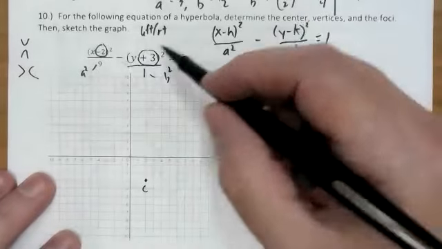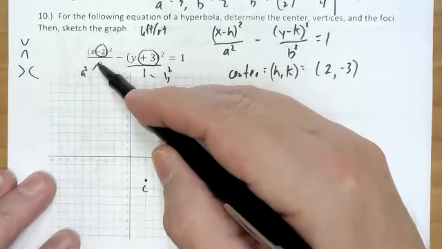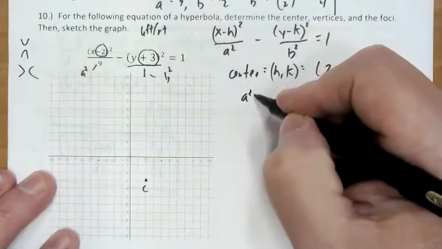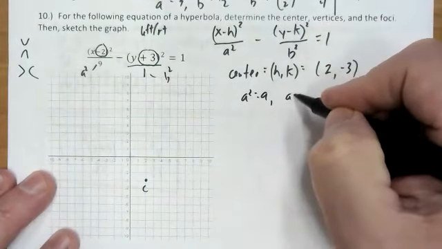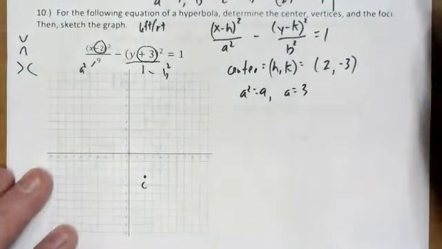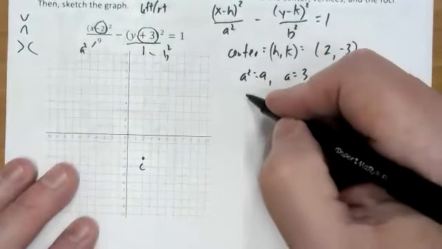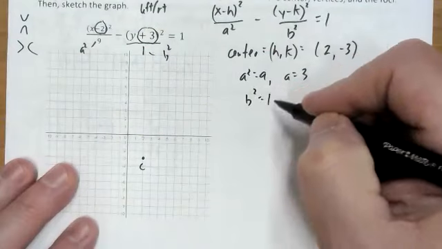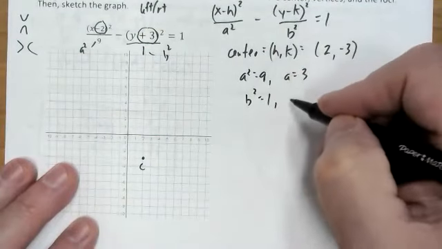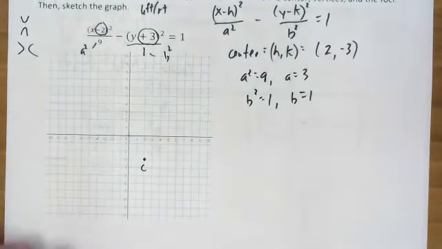Now, a squared is underneath the x squared. So a squared equals 9, which means a equals 3. B squared is underneath the y squared. Looks like b squared is 1. Therefore, b is 1.